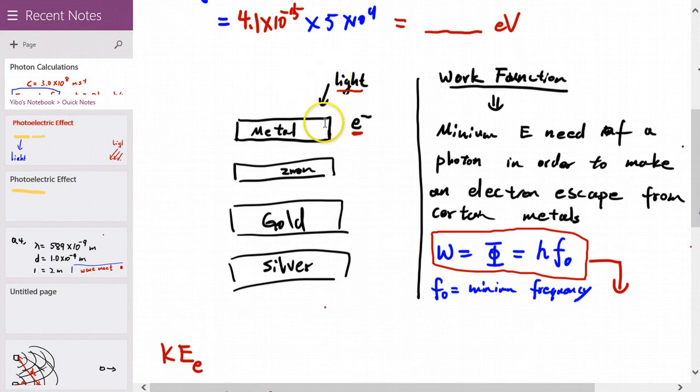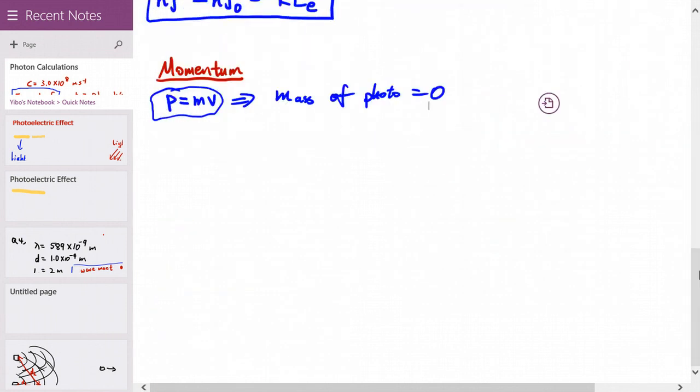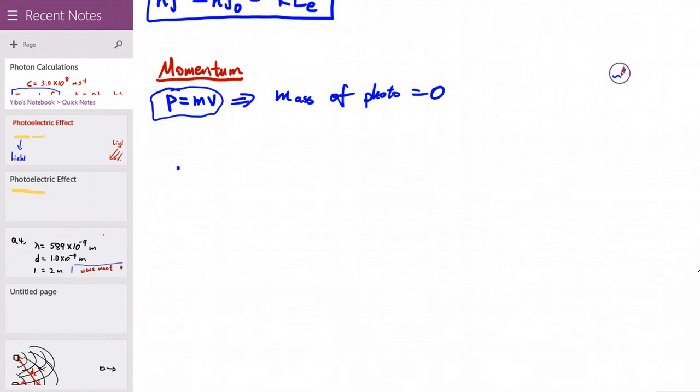Otherwise, collision won't occur and electrons cannot be knocked out by photons. So what we have is the momentum p of a photon is equal to its energy divided by the speed, and its energy is calculated by hf, divided by the speed of light.